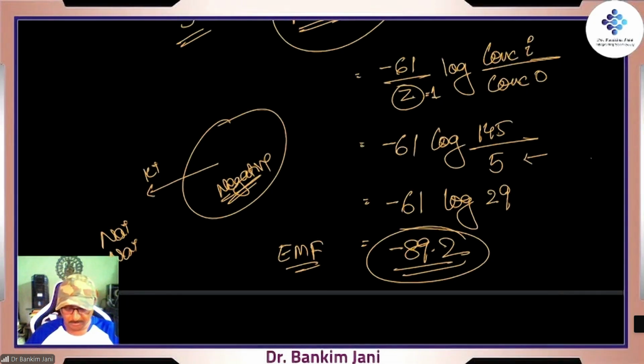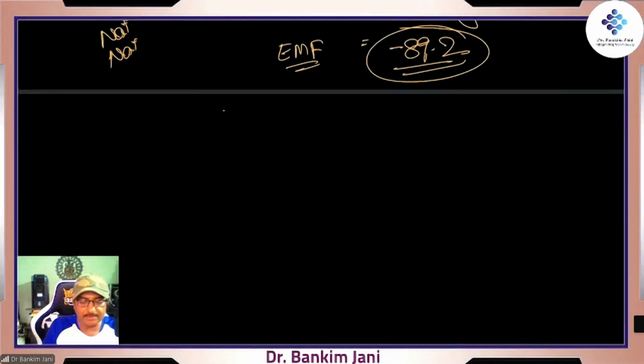Now we come to the third important concept, and that is where you have to start your imagination. The general potential of a cell, in this condition, the condition which we calculate.